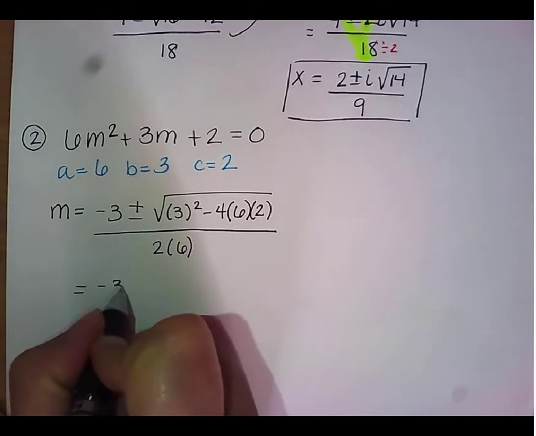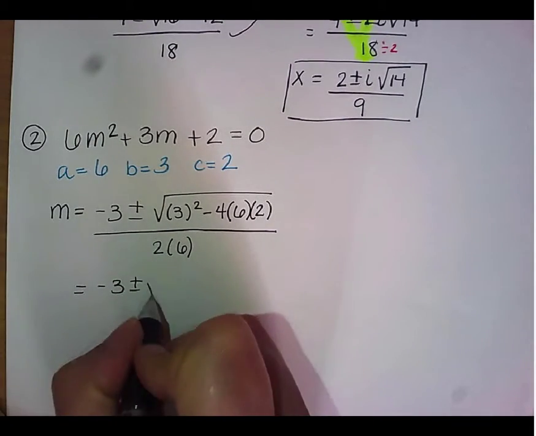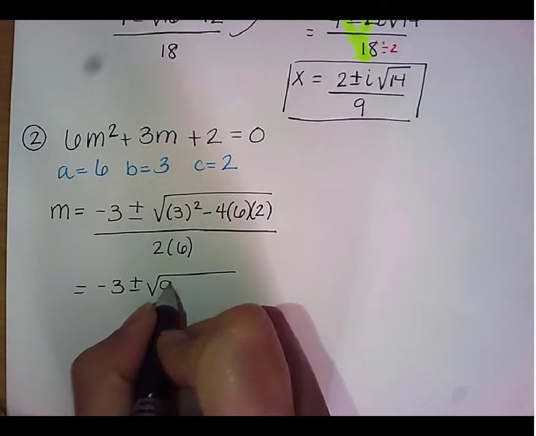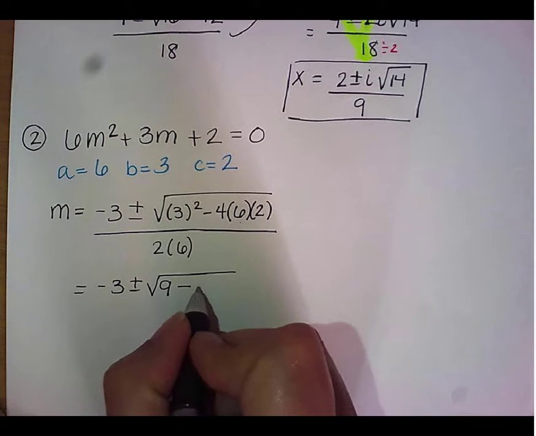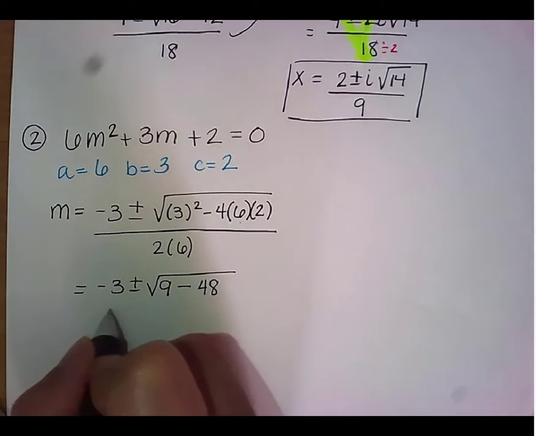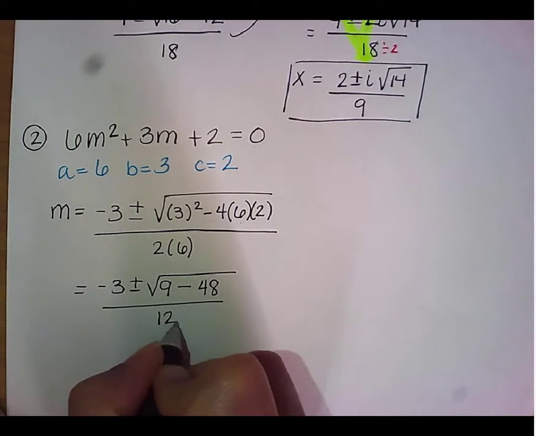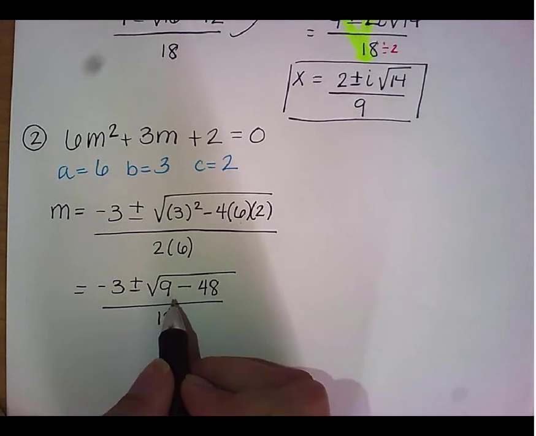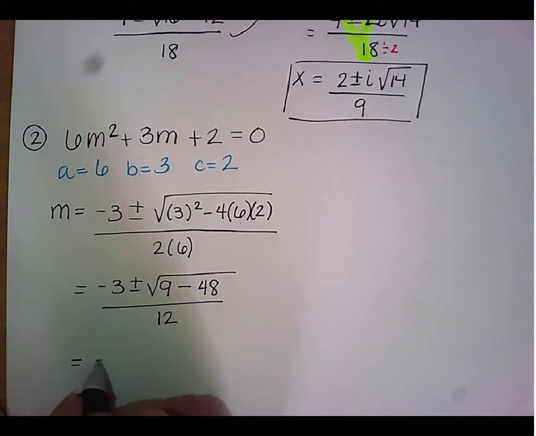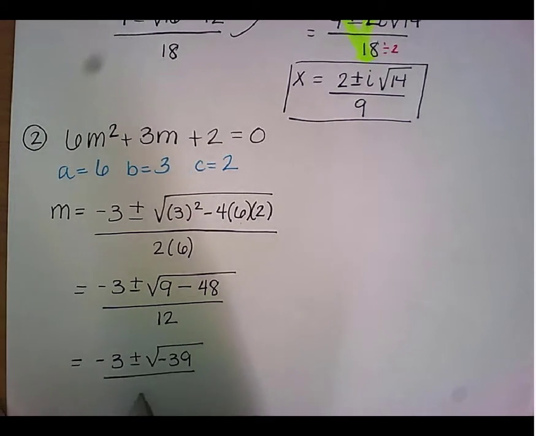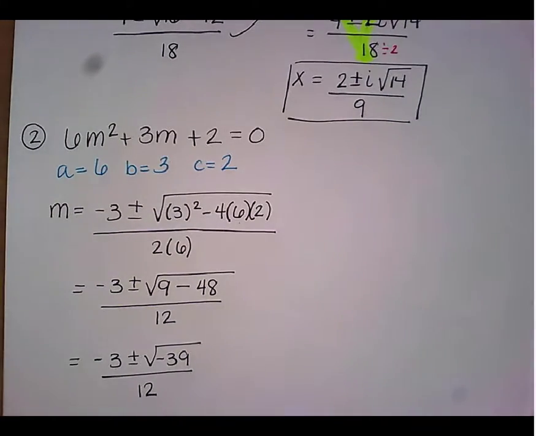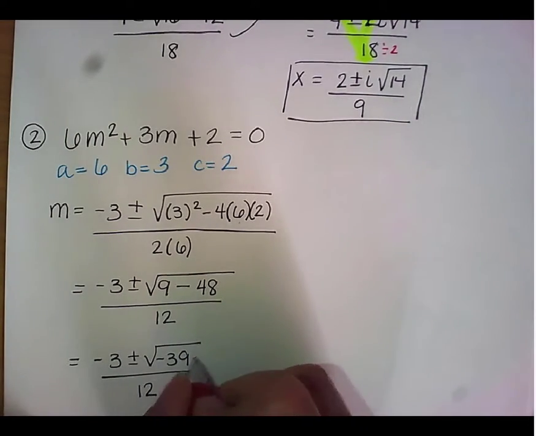Alright, so keep going here. So we've got negative 3 plus or minus the square root of 9 minus, and then we're doing 4 times 6 times 2. That's going to give us 48 over 12. Again, simplifying down on the inside there. So this is going to be negative 3 plus or minus the square root of negative 39 over 12. Now, let's look at that negative 39. I can't actually break it down. It is 3 times 13.